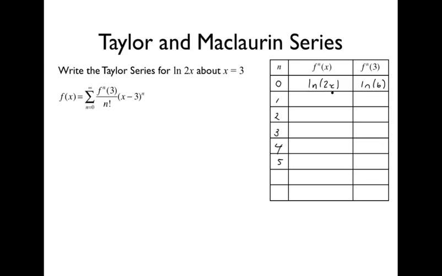It could be 1 over 2x times 2, which is just 1 over x. Let's do that simplification to make our life easier. Evaluated at 3, that's 1/3.